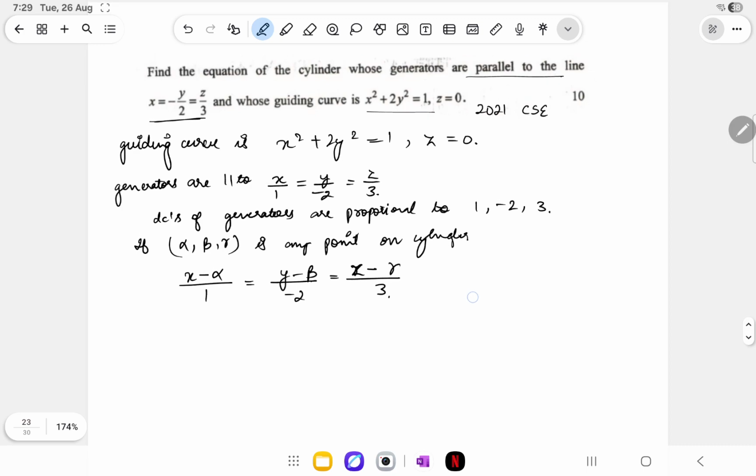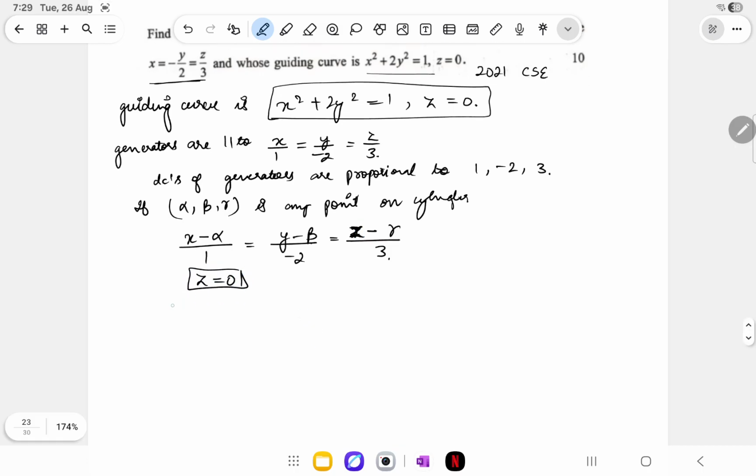But it is given that the guiding curve is this, so the generator must meet the guiding curve to form the cylinder. So on the generator line z must be equal to 0, so I get x minus alpha upon 1 is equal to y minus beta upon minus 2 is equal to minus gamma upon 3.